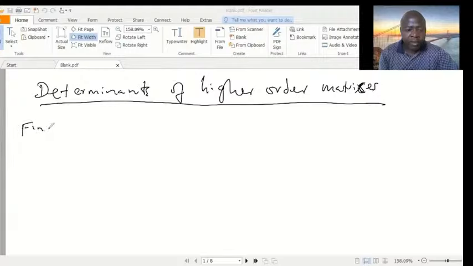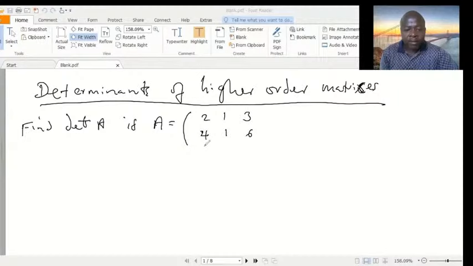Find the determinant of A, if A is 2, 1, 3, 4, 1, 6, 1, 0, 2. Find the determinant of this matrix.